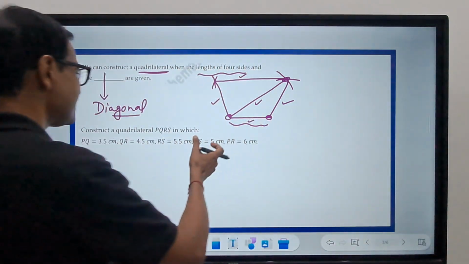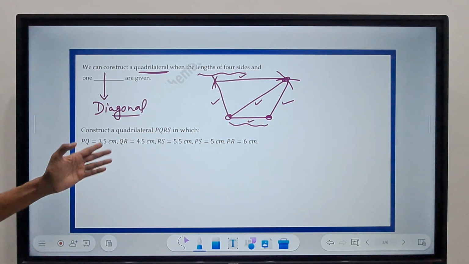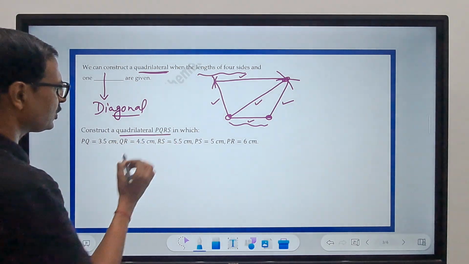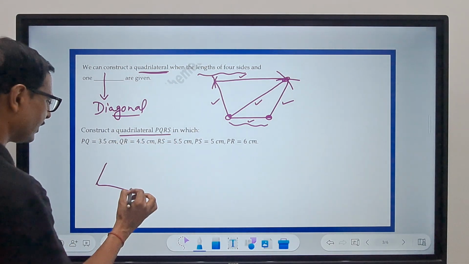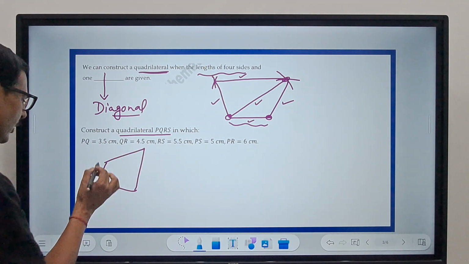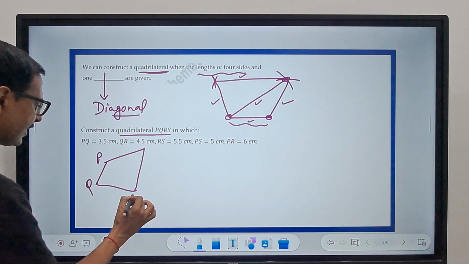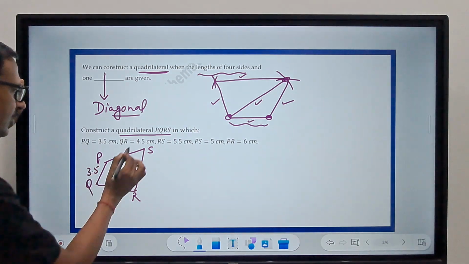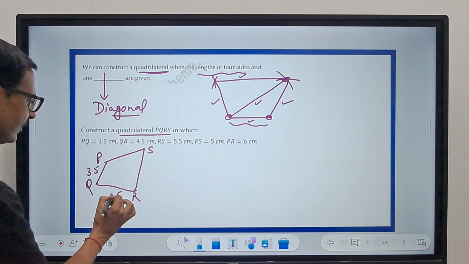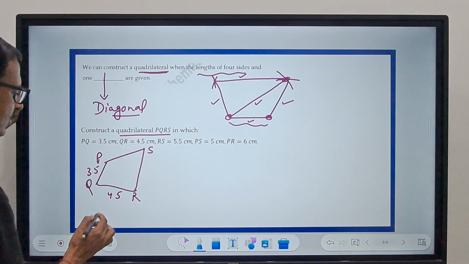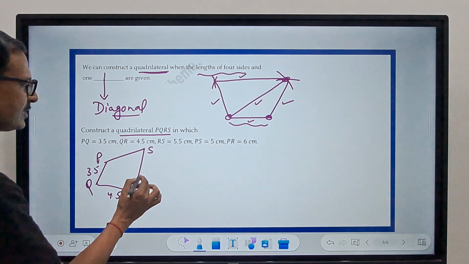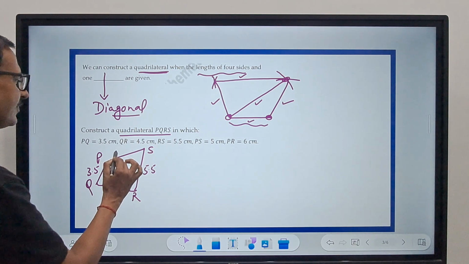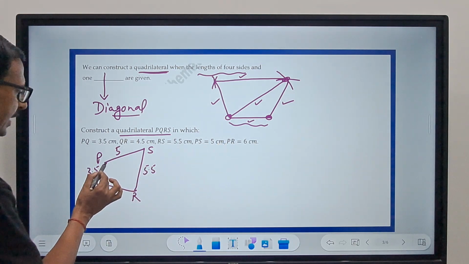And that's the second question here. Look at this question. He says, construct a quadrilateral PQRS. So let's have a quadrilateral, a rough figure, a schematic diagram, that's it. PQRS. PQ is 3.5, QR is 4.5, RS is 5.5, and then PS is 5, and then PR is the diagonal.